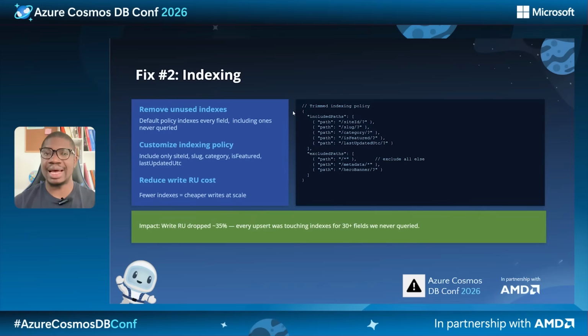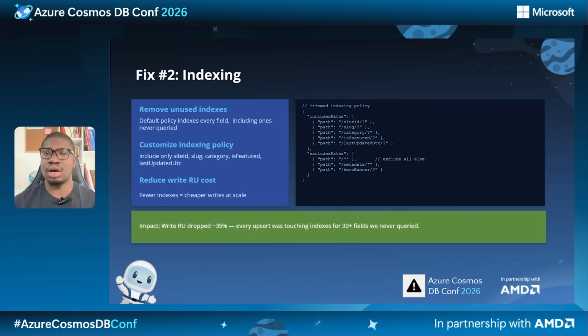Once partitioning is aligned, the next hidden cost is indexing. Default indexing is convenient, but it's not free. If you index everything, you're paying RUs on every write and every update, even when large parts of the documents are never used in a query. Our document had a metadata block that contains hero, banner, URL, and the featured product ID array that we queried in the application, but never in Cosmos. We were indexing everything, literally. So we moved from default indexing to selective indexing.